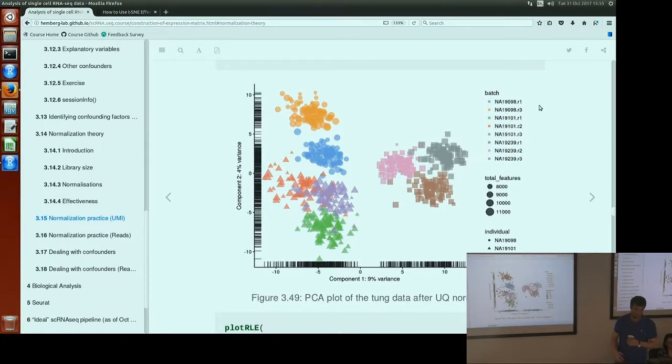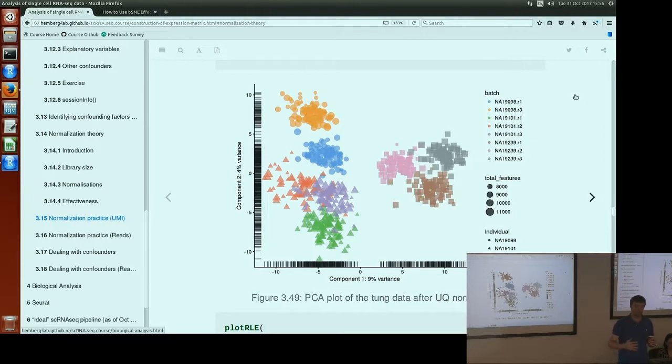But the only major difference I really see in this plot is that there's a bit less distinction. These two clusters of points for this individual are now further apart than they were previously and closer to this individual. But we're talking about very subtle differences here, and I don't want to over-interpret these sorts of things.